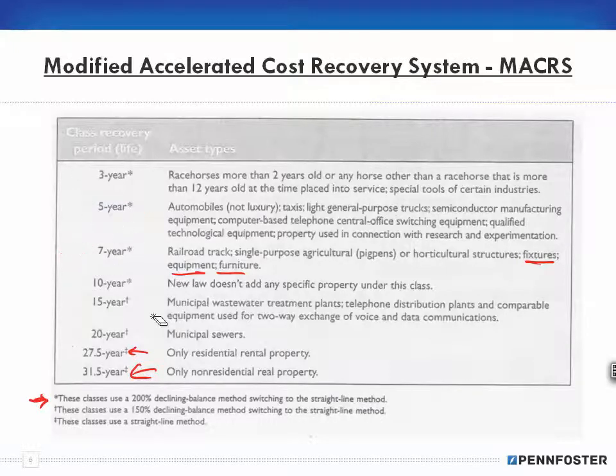So what the government does, this here is an abbreviated chart, all right? You can go into your Circular E from the IRS, and you can get a full table with everything that's listed underneath those asset classes, those asset types, and to determine the recovery period, the useful life.